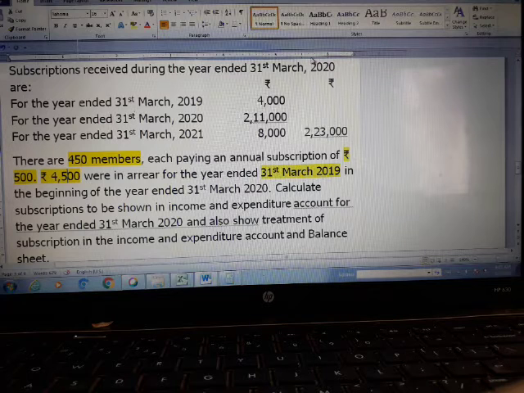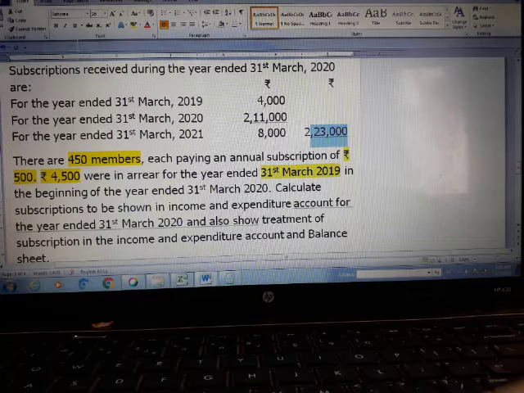And we need not bother about this 4,000. The reason is we have given separately the amount pertaining to each year. So I need not bother about this 4,000. If it were given in such a way that total subscription received in the year 2020 is 2,23,000, then only I should eliminate that 4,000.